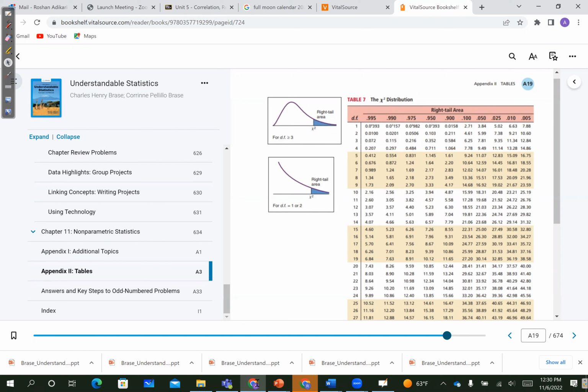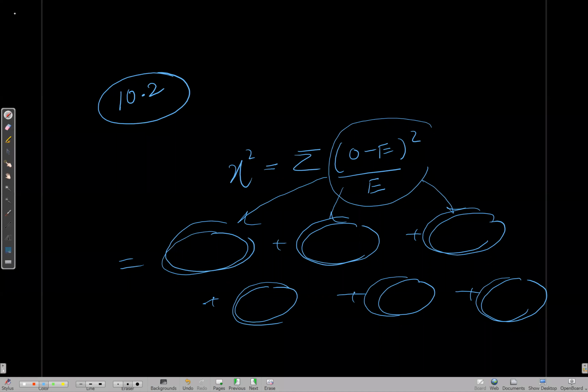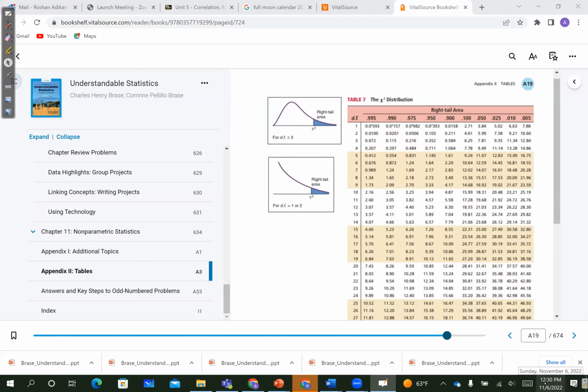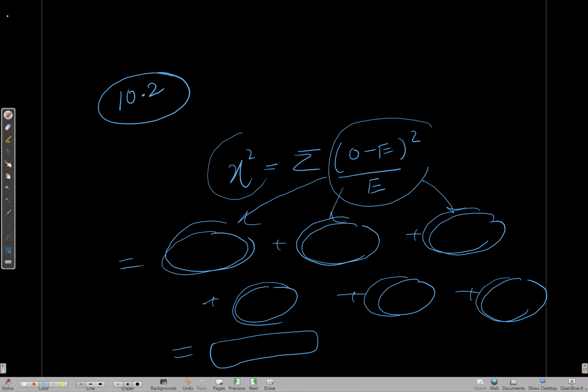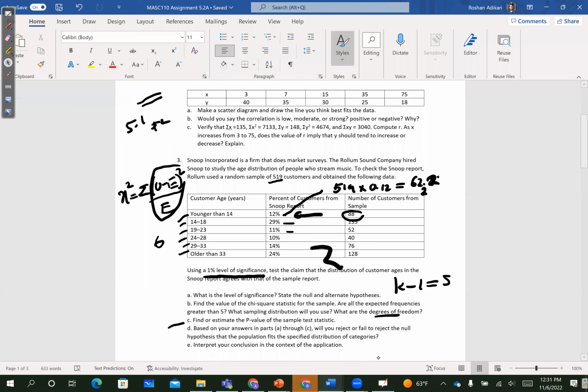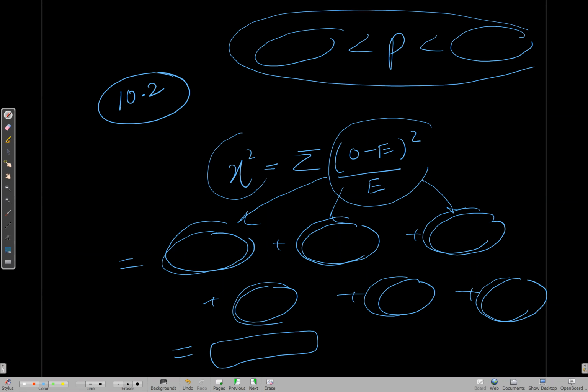Whatever you got for your chi-square total value, look for that value. For example, if it were 0.7 and the degree of freedom was 6, it's between right here, right? So for that question, your answer should be that P is between some value and some value. That's enough, because to find the actual value you would need a calculator, but you can leave your answer like this. That's fine by me.